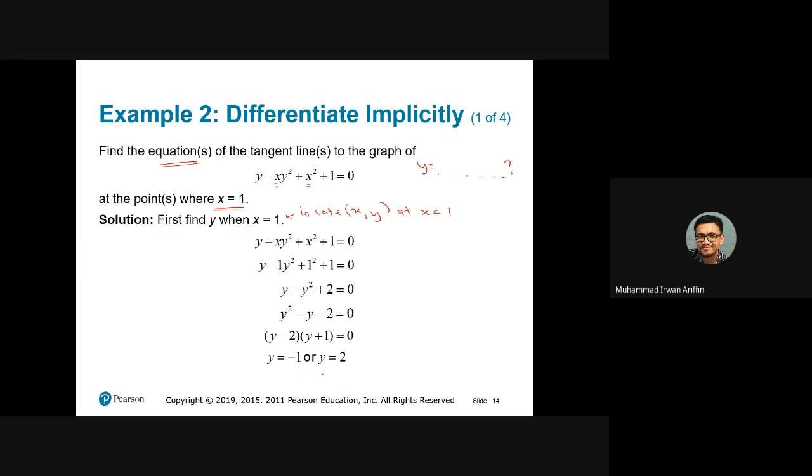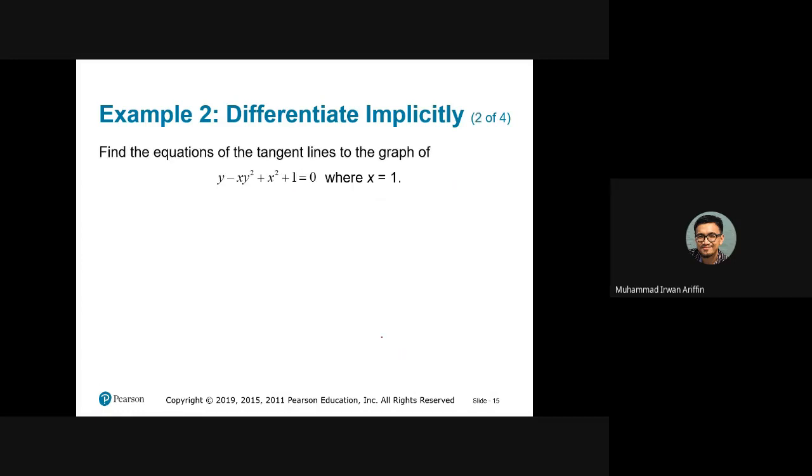As you can see here, there are two values. So at x equals 1, we have 2 points: (1, -1) and (1, 2). This should already tell you that this is not a function because when x equals 1, there is more than one corresponding range element, -1 and 2.